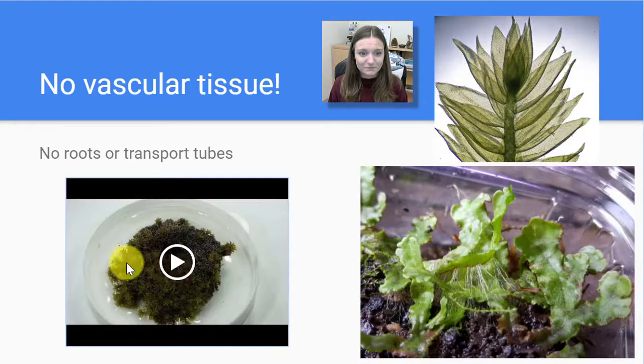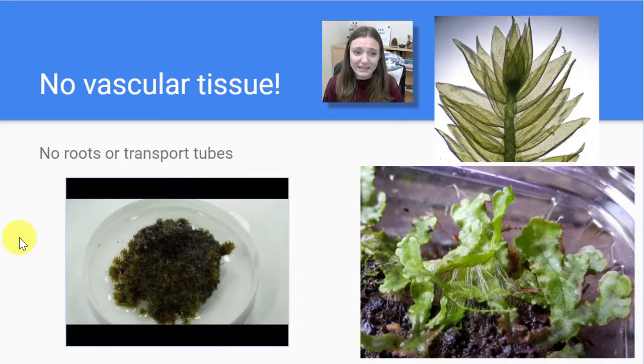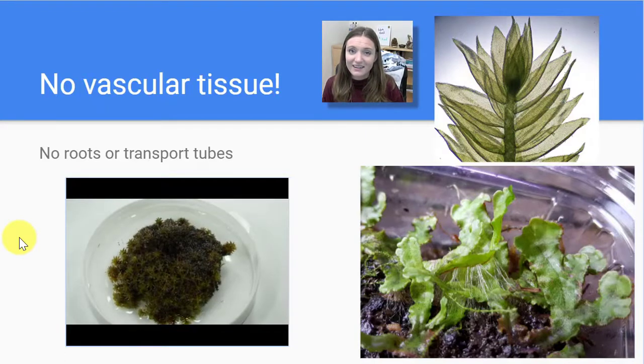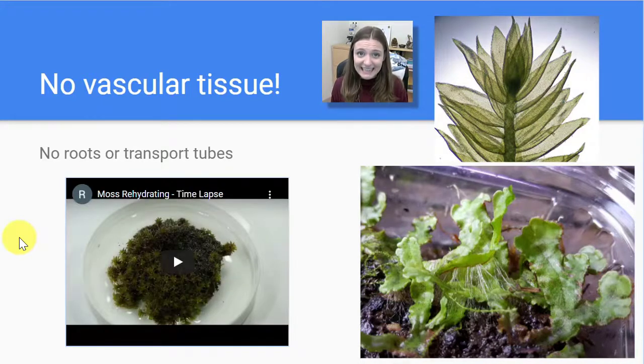So, like here's some moss rehydrating. Okay, so kind of like we did. We dried out our moss, we rehydrated it. Moss can be dehydrated for decades and kind of go into this dormant state and then just absorb any water that's there, rehydrate, and come back to life.